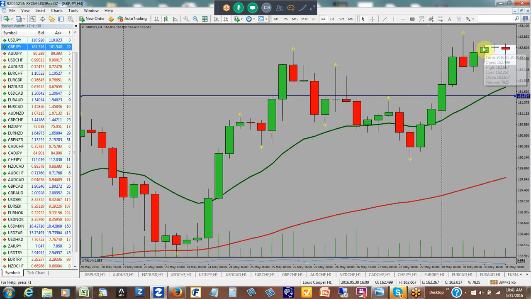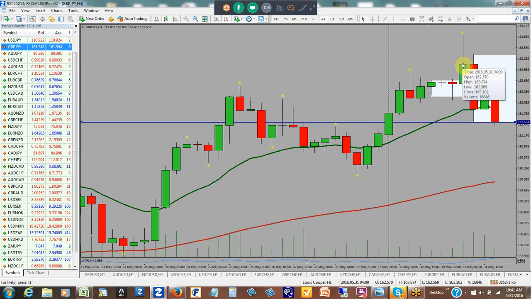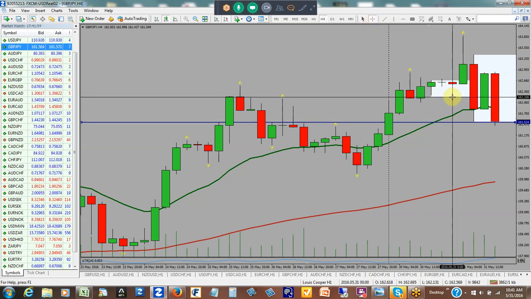Then once we've identified that, we draw our box, and wherever price closes, in this case price actually closed here, that's our entry. And from there we know that our range of profit potential is the width of this box. Correct.